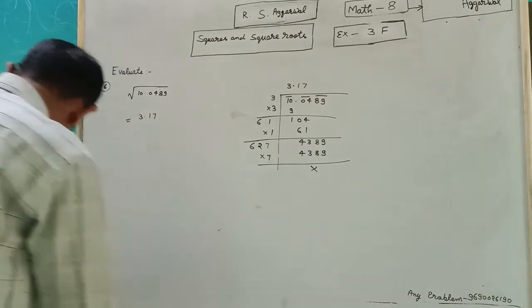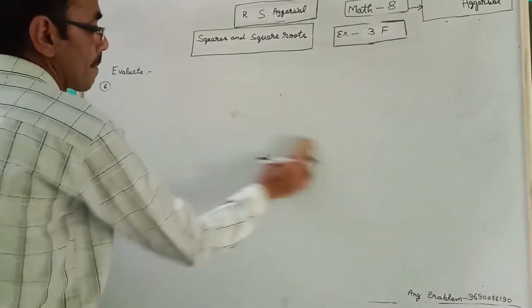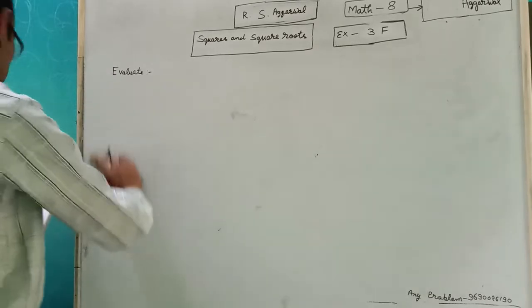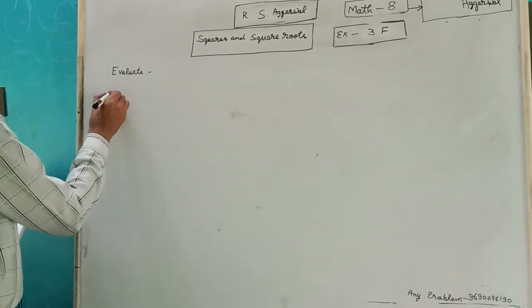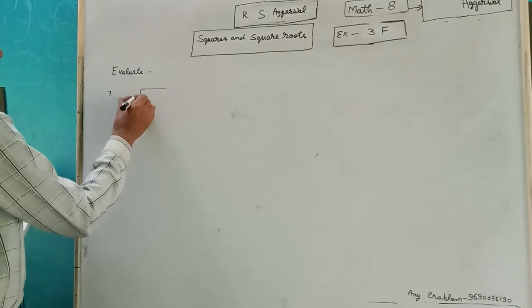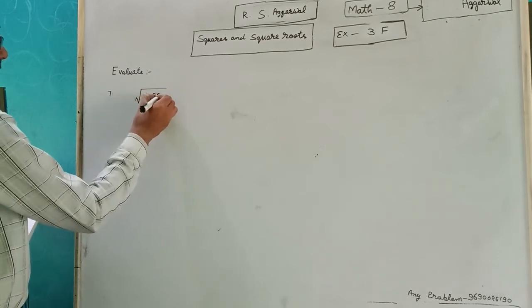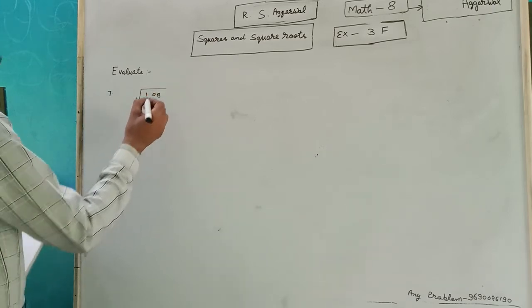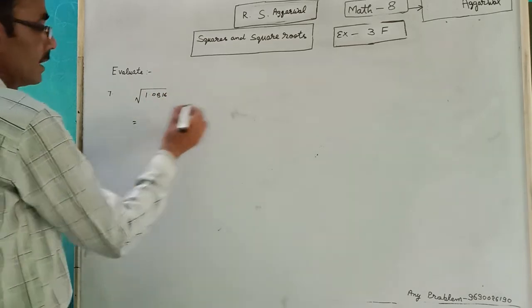Question number 7 is square root of 1.0816.